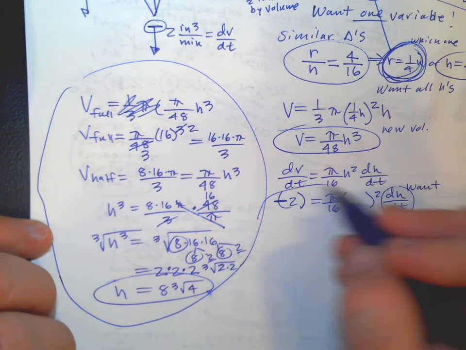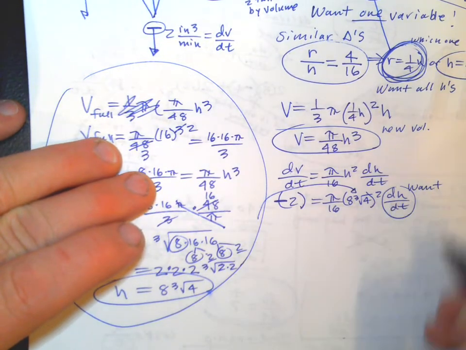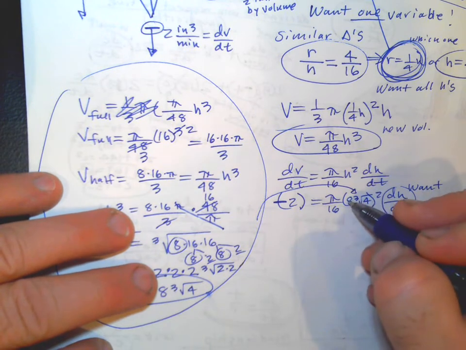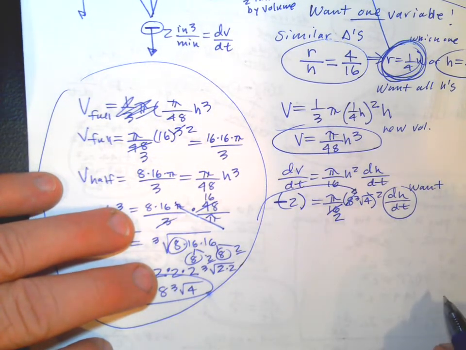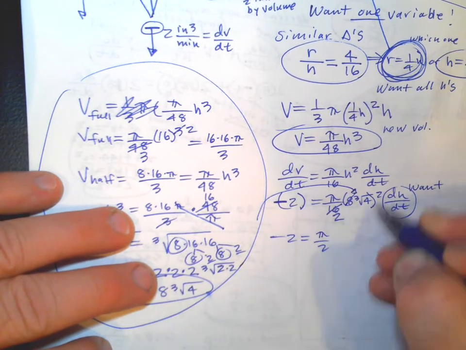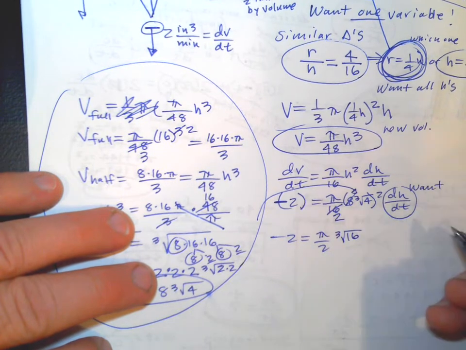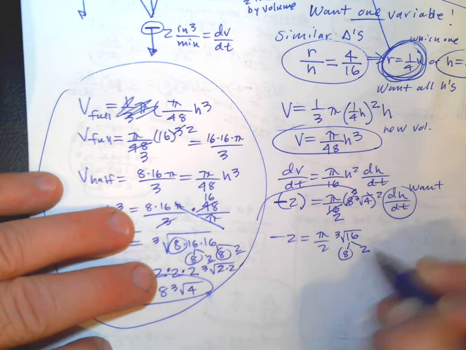That's what goes in here: 8 cube root 4. So we're close. I do want to simplify it. The 8, by the way, cancels out with 16 to give you a 2 right away, right? And then the cube root of 4 squared is going to be cube root of 16, right? Which we could take another 8 out of, right?